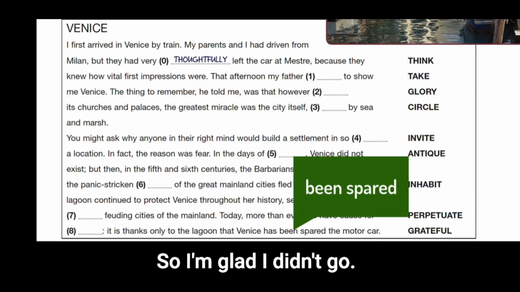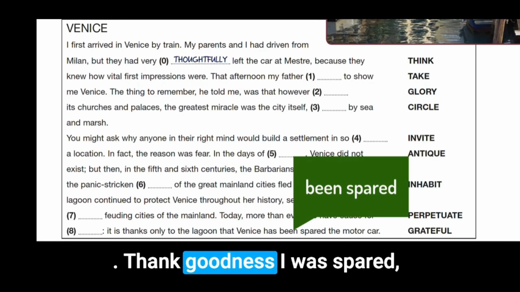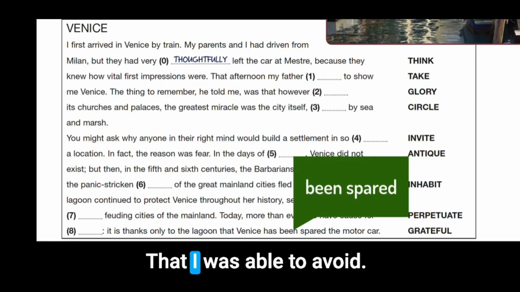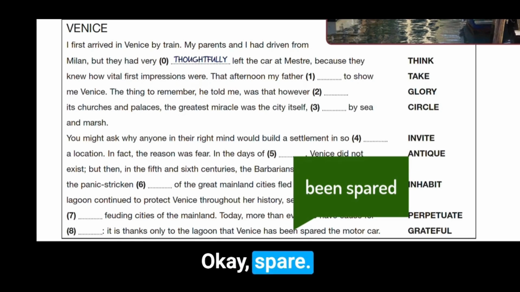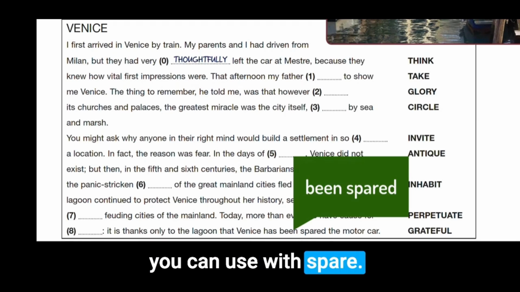So I'm glad I didn't go. Thank goodness I was spared that ordeal. Thank goodness I was spared having to listen to him, that I was able to avoid. Okay? Spared. There's also an exclamation you can use with spare.